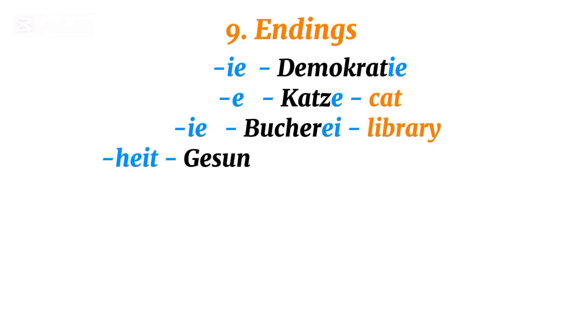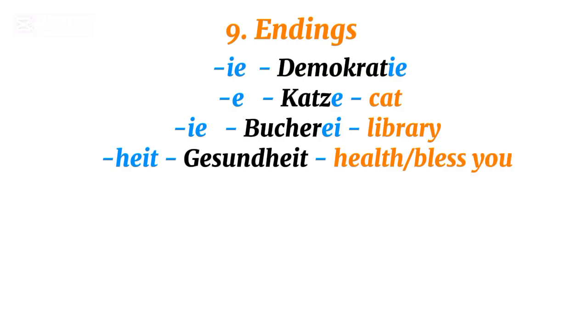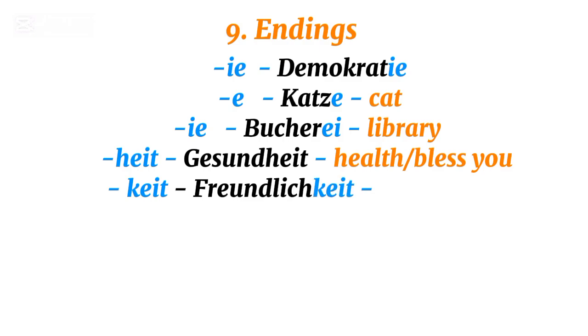Next, nouns ending with an EI. For example, Bücherei, library, takes a D. All nouns ending with heit. Okay, for example Gesundheit, this is health. Okay, or bless you, they take a D. Also keit, for example Freundlichkeit, okay, friendliness.